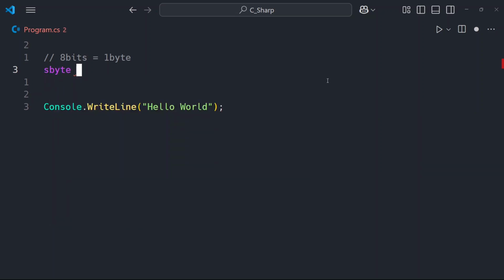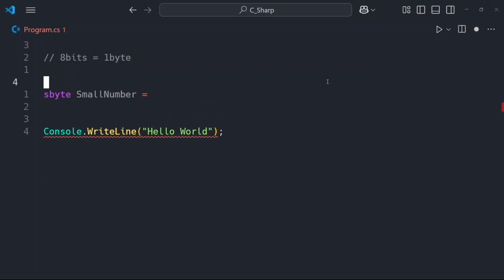So, sbytes hold 8 bits. And they go from negative 128 all the way to positive 127.